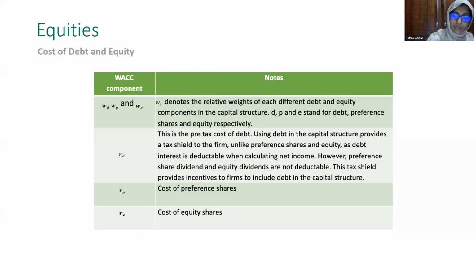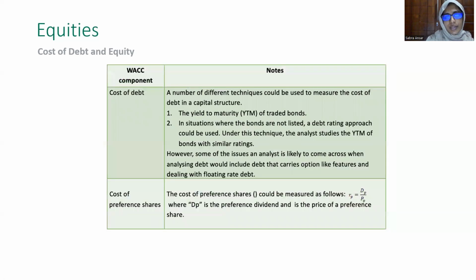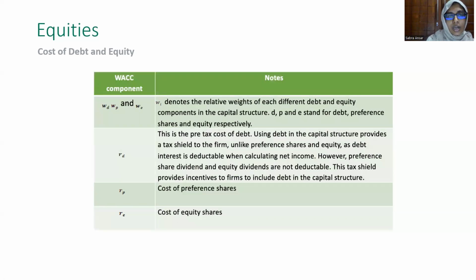And now, as you can see, there is something called RD, RP, and RE. So RD is the pre-tax cost of debt, because with that we include 1 minus T. From that we will consider the tax deductible RD, or the cost of debt after tax.